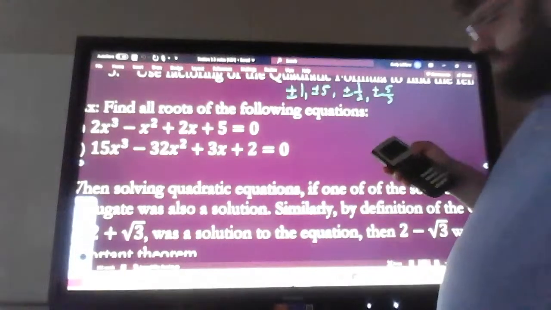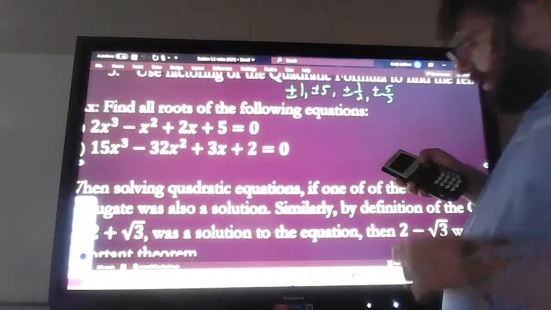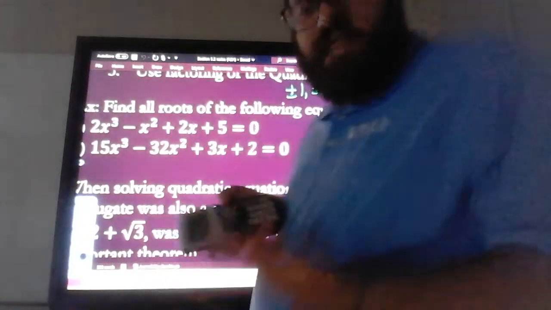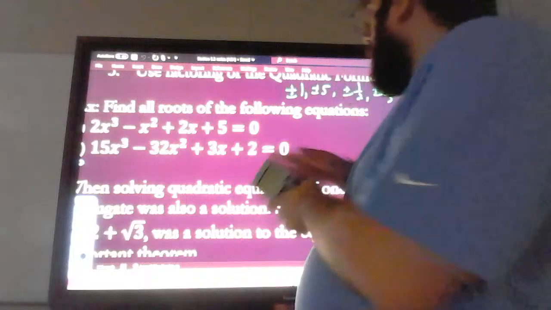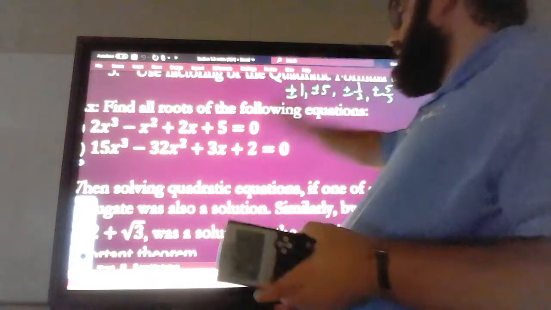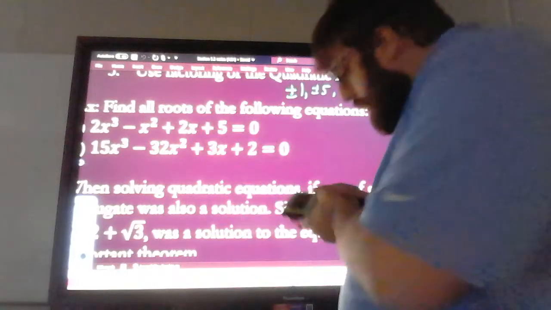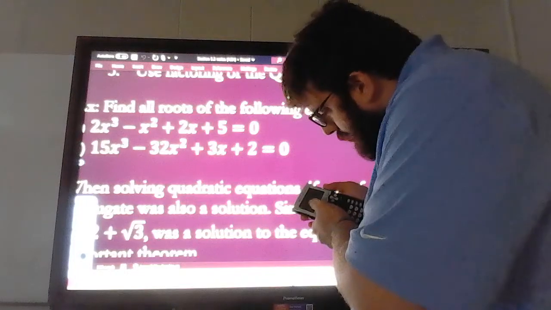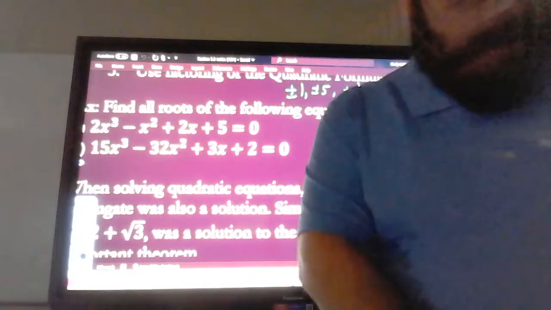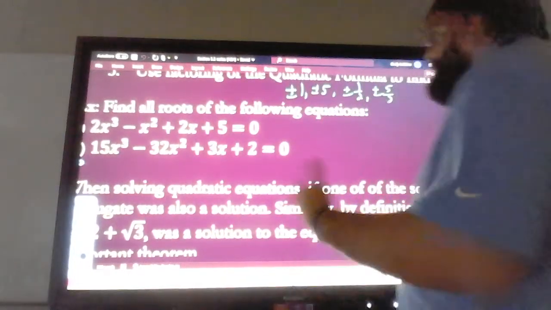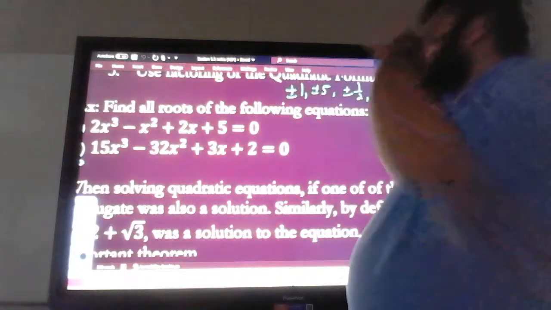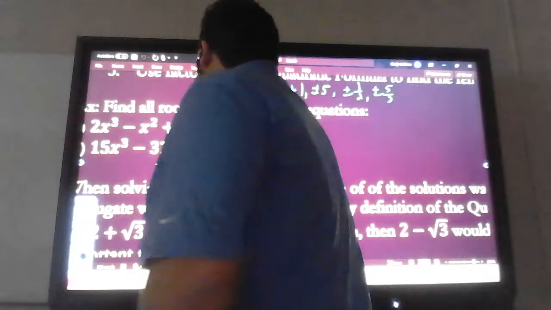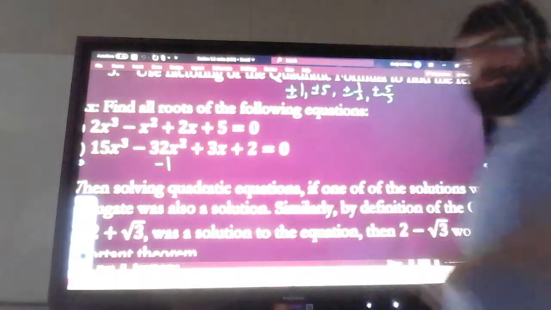I can look through this table and see if any of these values give me a value of 0 for the polynomial. And when x is -1, y is 0. So -1 is a root for this polynomial. We'll put that off to the side.